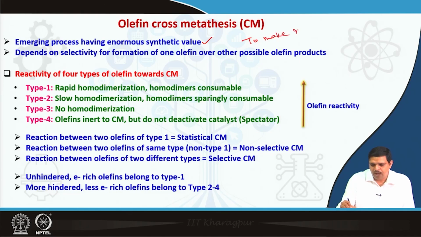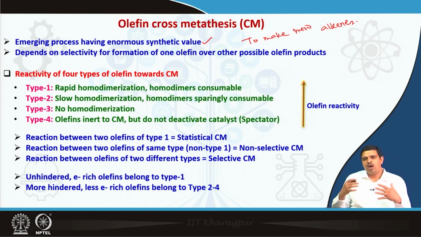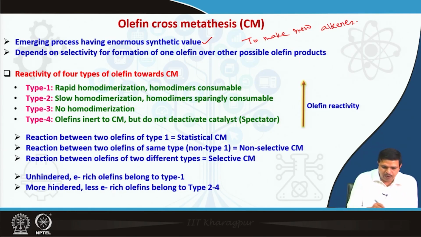Here is a guideline I have shown, for how we choose or justify which alkene will be more reactive and which will be less reactive. You can categorize them as type 1, type 2, type 3, type 4.